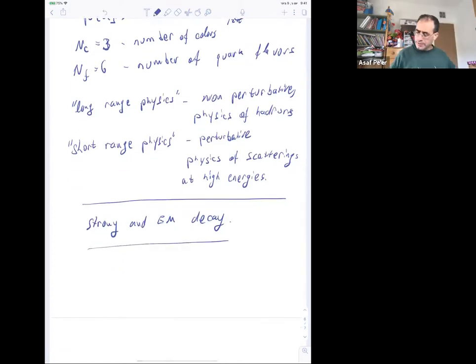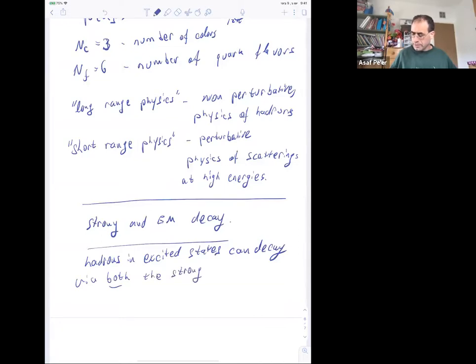Right? Hadrons in excited states can decay via both the strong and the electromagnetic interactions.